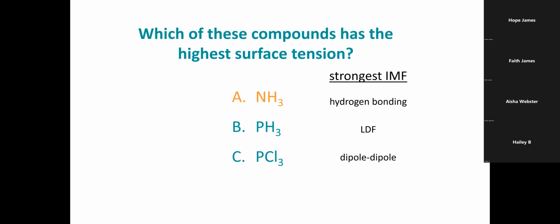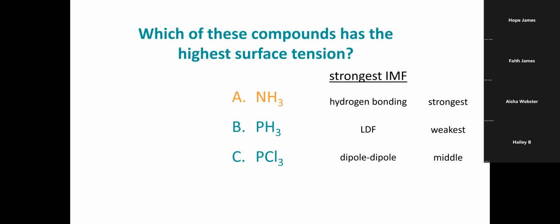If we ranked these, we weren't asked to do that, but we could. From the strongest, that would be NH3 with hydrogen bonding. Then PCl3 has the next strongest force with dipole forces. And lastly is poor PH3, which only has London dispersion forces.